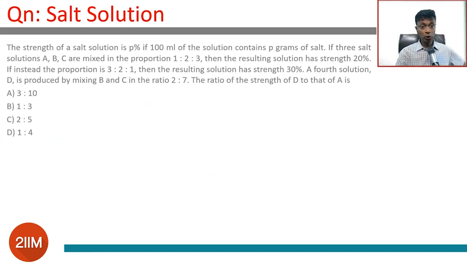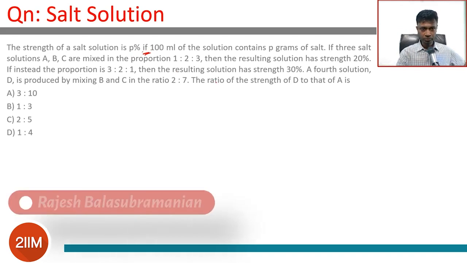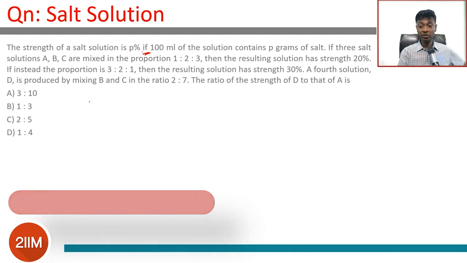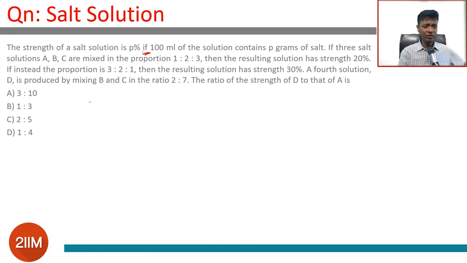The strength of a salt solution is P% if 100 ml of the solution contains P grams of salt. 3 salt solutions A, B and C are mixed in the proportion 1:2:3. Then the resulting solution has strength 20%. If instead the proportion is 3:2:1, the resulting solution has strength 30%.